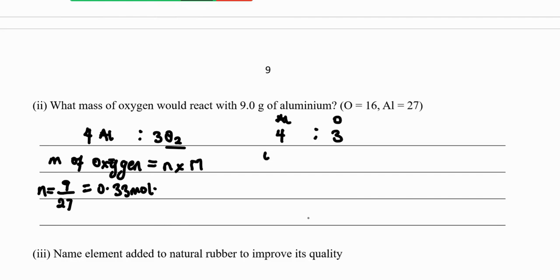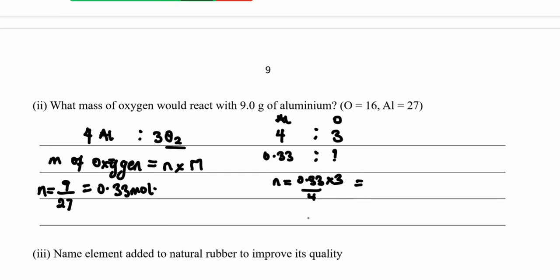So therefore, 0.33 aluminium will give us how much oxygen? The number of moles of oxygen would be 0.33 times 3 divided by 4.